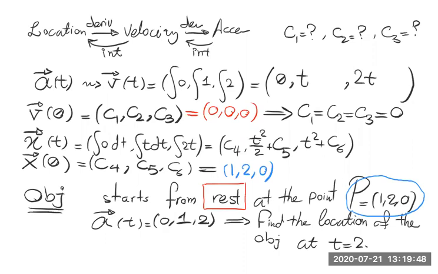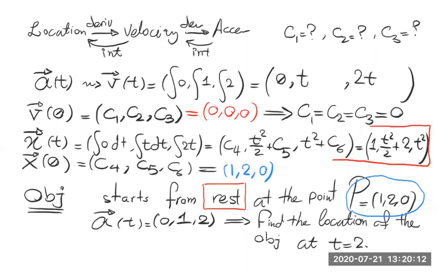Therefore, C4 is 1, C5 is 2, and C6 is 0. If I plug those in here, C4 is 1. Then I have t squared over 2 plus C5, which is 2, and t squared plus C6, which is 0. This is the location of the particle at time t.